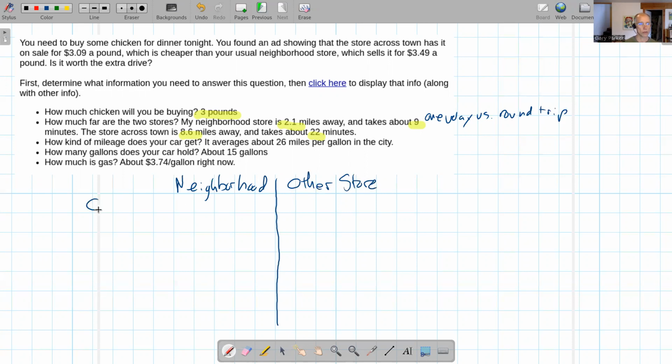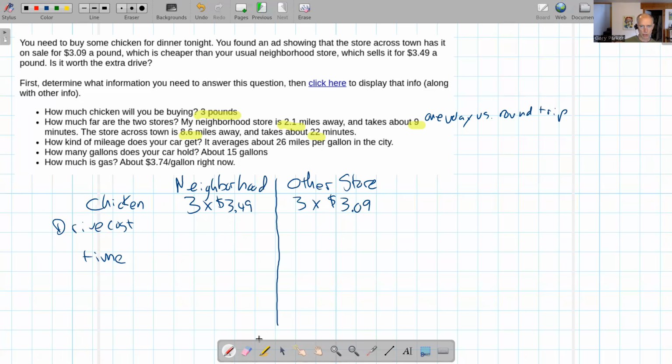And then for each of those, we have chicken, we have cost of driving, and we might consider our time too. So the chicken, 3 pounds at $3.49 for the neighborhood. So we would have 3 times $3.49 versus the other store is 3 pounds times $3.09.